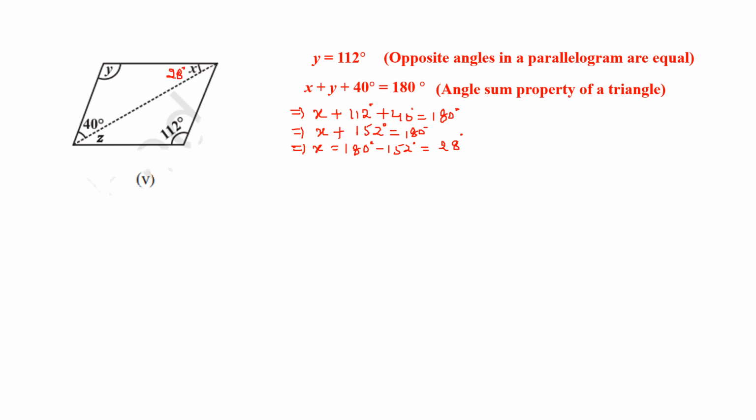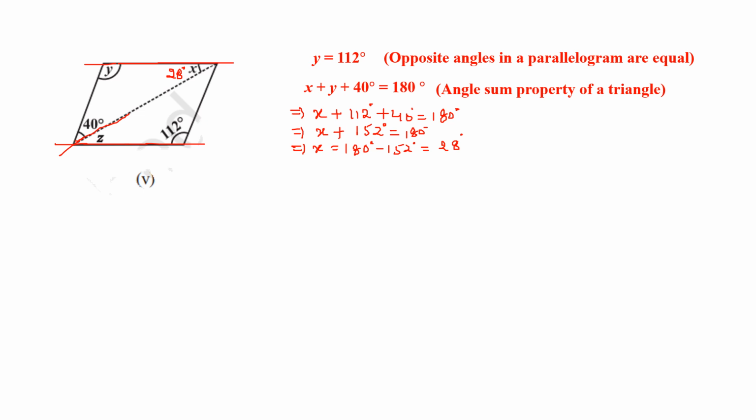Now as it is given in the question that this is a parallelogram, it means opposite sides will be parallel. So if I take this side and this side as parallel and this as my transversal, then what will happen? The X and Z, they will form alternate interior angles, right? So I'm going to extend this line such that it will be more clear to you. This and this, they both are parallel lines, right?